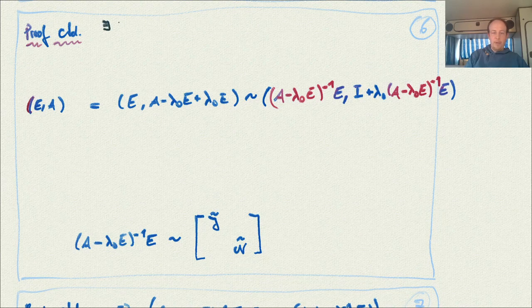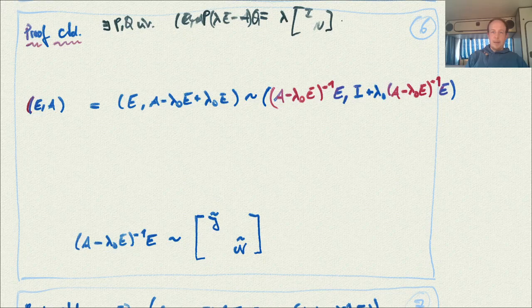Actually, what we want to prove is that there exist P, Q invertible such that lambda E minus A, multiplied with P from this side and Q from this side, will be lambda identity N minus J, identity.